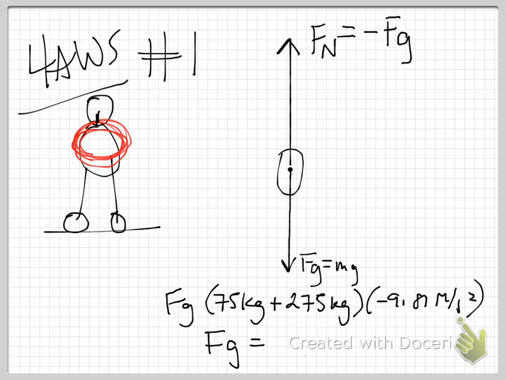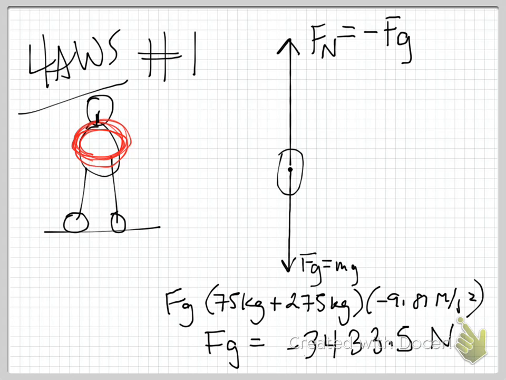And what's the raw number for that? Negative 3,433.5. And what are the units? Newtons.